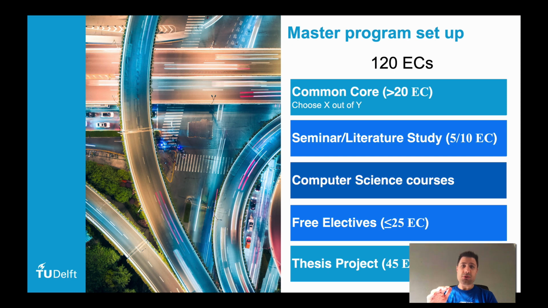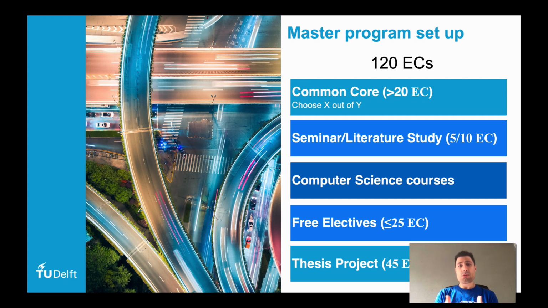Each track offers a set of core courses, and you have to pick some of those courses as part of your master's program. And we give you, for example, 11 core courses and you have to pick 5, or 9 and you have to pick 4, depending on the track. These common core courses give you kind of the basis of the track.